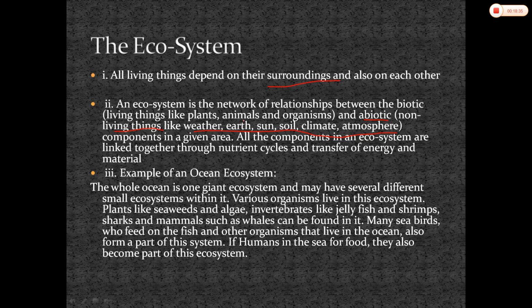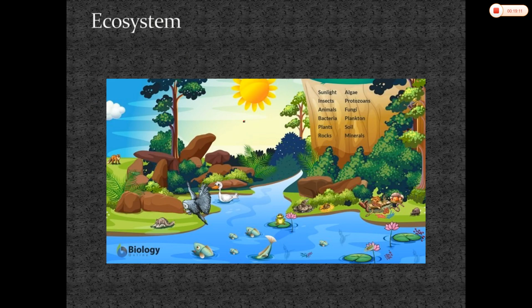Plants like seaweeds and algae, invertebrates like jellyfish and shrimps, sharks and mammals such as whales can be found in it. Many seabirds that feed on the fish and other organisms that live in the ocean also form a part of the ecosystem. If humans go into the sea for food, they also get fishes, so we can say these fishes are also part of the ecosystem of the ocean.